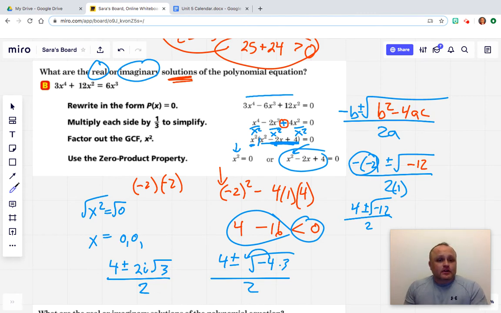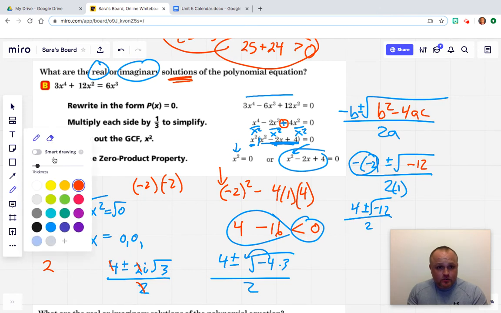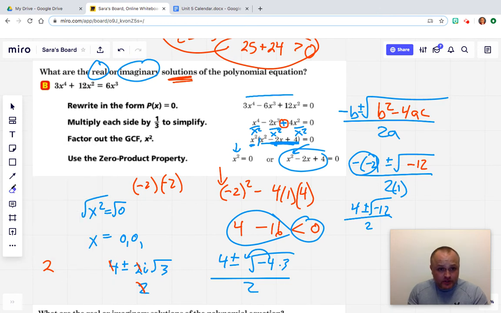And then finally, we can solve this out as far as reducing it. So 4 and 2 would reduce to 2, and 2 over that same denominator, because again, you can write this as two separate ones. You need to understand that, but you don't have to show this step because it's all over 2. You don't have to show it if you can see it. So 4 divided by 2 is 2, plus or minus i root 3.